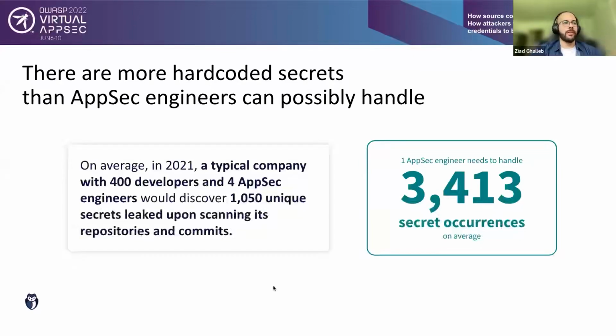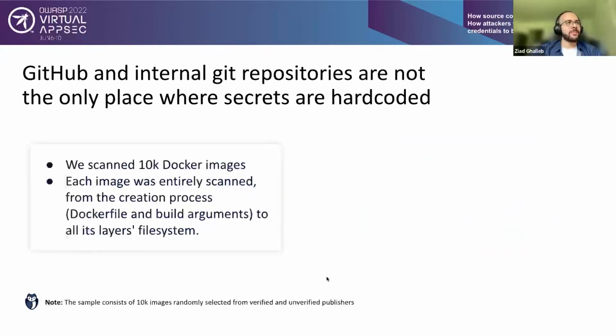If we multiply the 1,050 unique secrets by 13 and then divide by the number of available AppSec engineers, we end up with a figure where one AppSec engineer needs to handle more than 3,400 occurrences on average. This is far more than what can possibly be done by these teams.